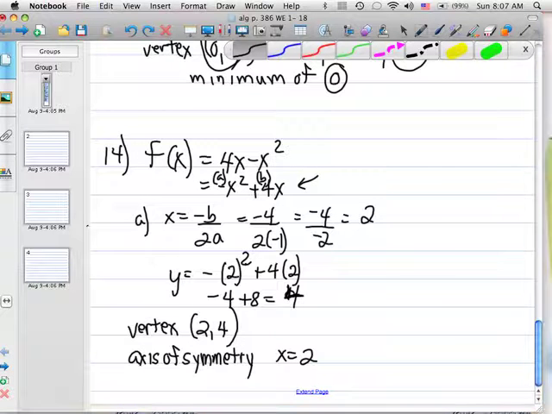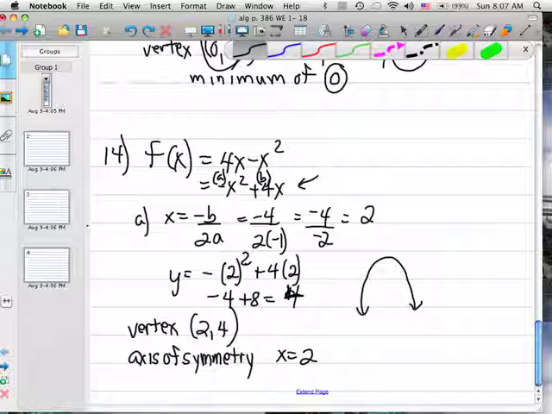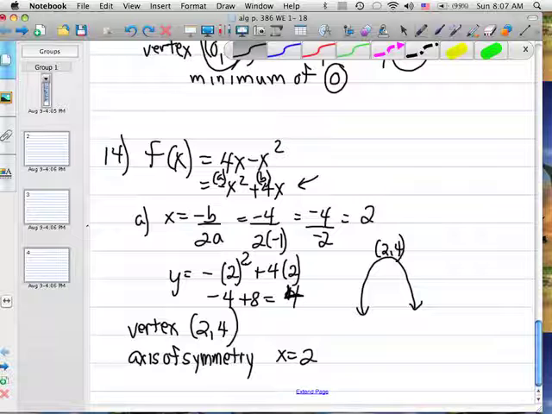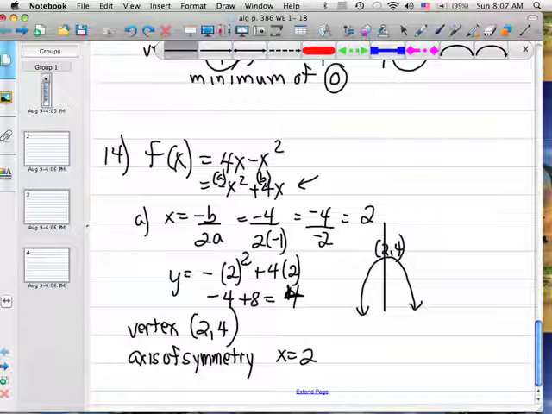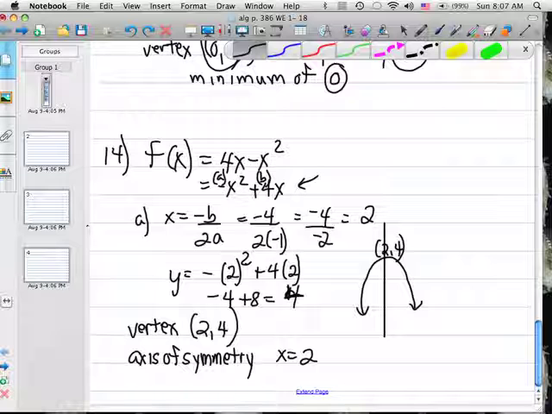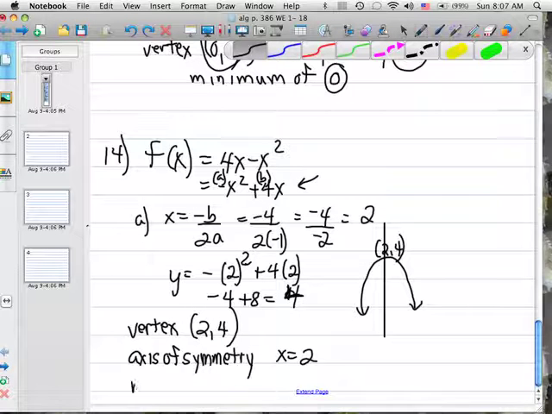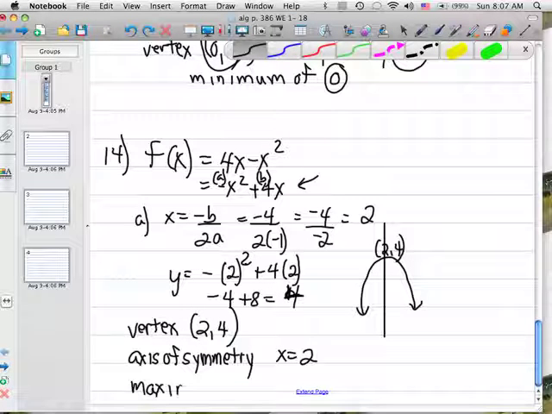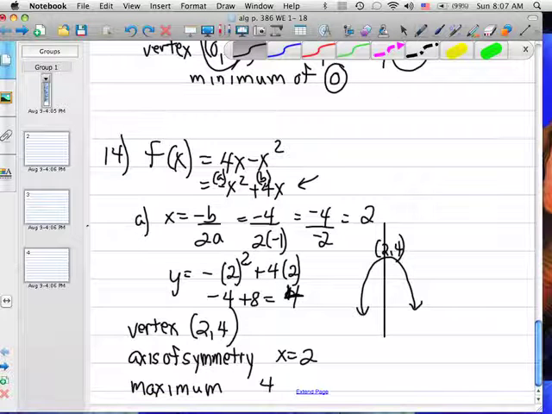Since the number in front of x squared is negative, it opens down. Our vertex is 2, 4. The axis of symmetry cuts it in half, equal sides. And since it opens down, we have a maximum value for the vertex. The top of the vertex is 4, or y is 4.